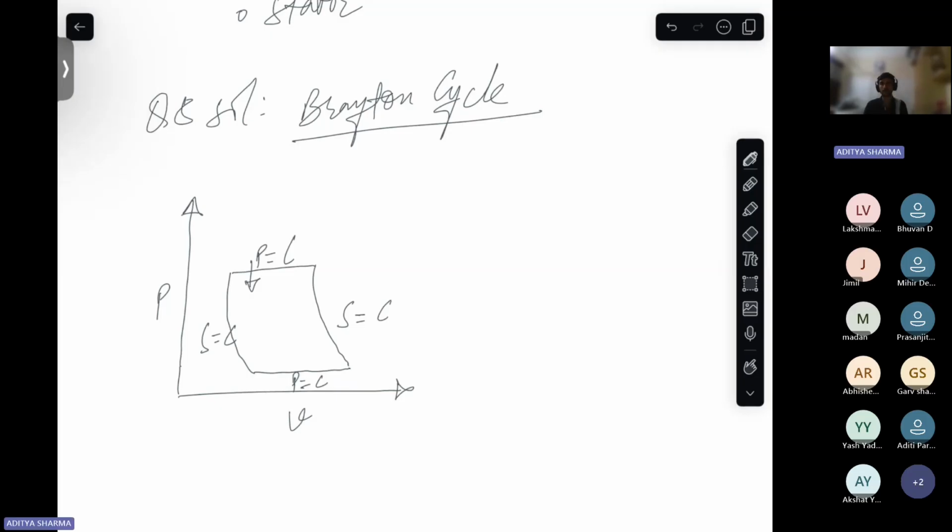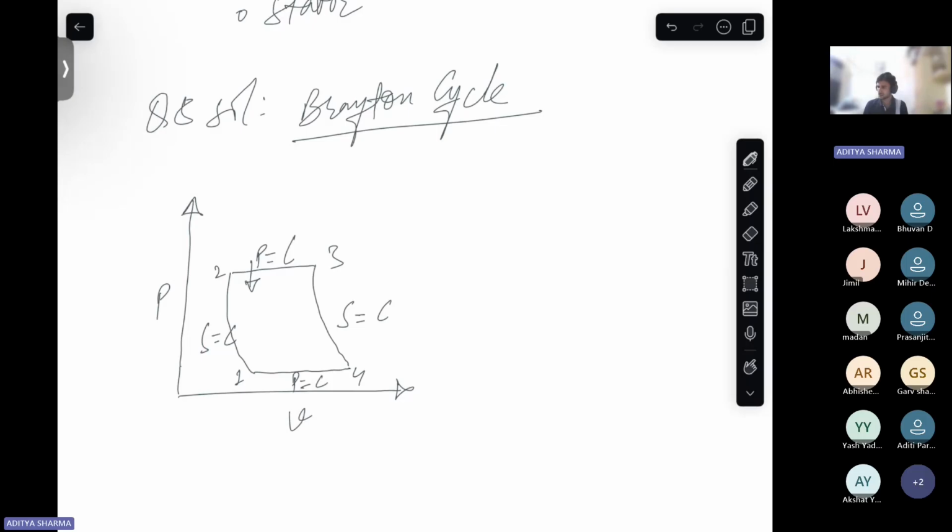For heat addition, in which part of your turbojet engine does heat addition take place? Basically, it takes place in your combustor. Let's say this is 1, this is 2, this is 3. So between 2 to 3, and this takes place at constant pressure, right?